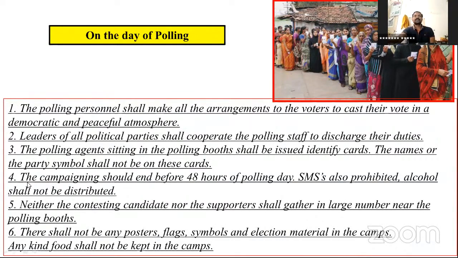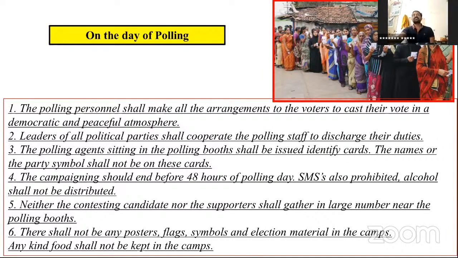Then the fourth one is that campaigning should end 48 hours before polling day. We have discussed this already. Any political party or independent candidates should end their canvassing 48 hours before the polling day.